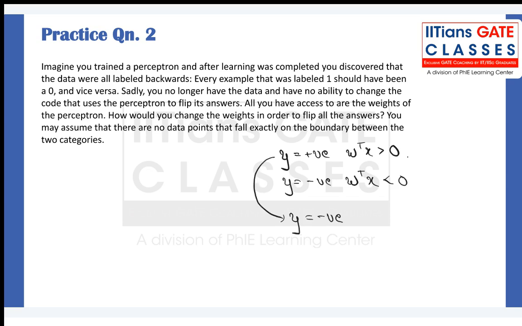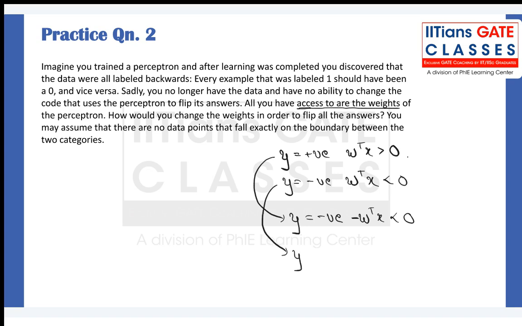So you need to make sure that your w transpose x is negative as well. So what you can do is negate the weights. They are saying you have access to the weights, so you can negate the weights such that your predictions will be flipped.